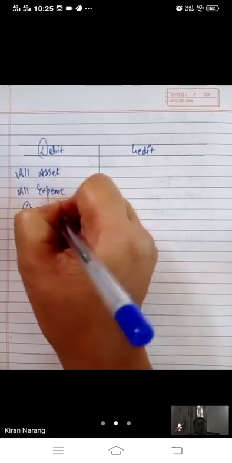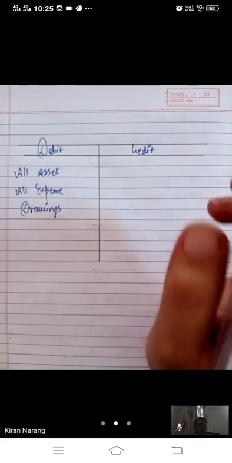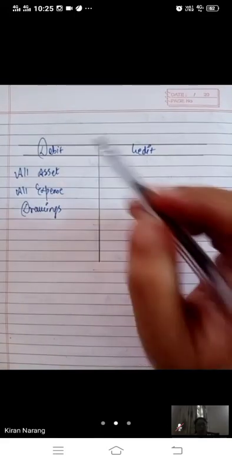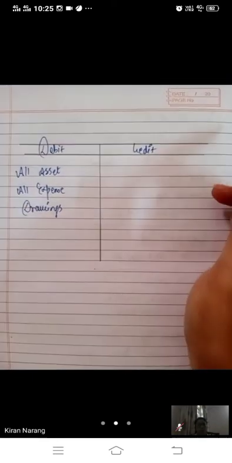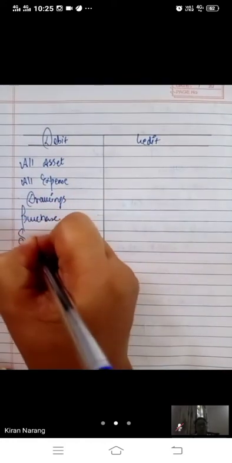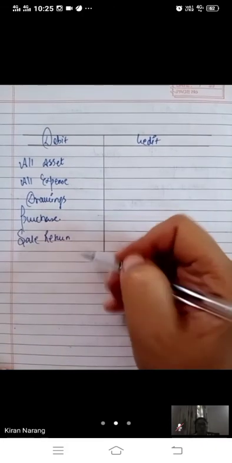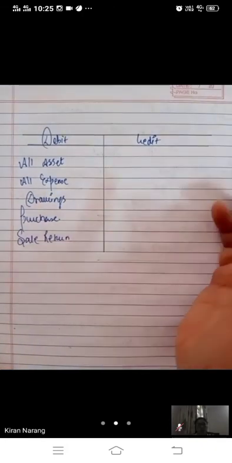Drawings are personal expenses. So all expenses, whether related to business or personal, will be written on the debit side. All assets, all expenses. Then purchase has debit nature. Sales return, you remember, debit what comes in: you are purchasing, and sales return is coming back to you.